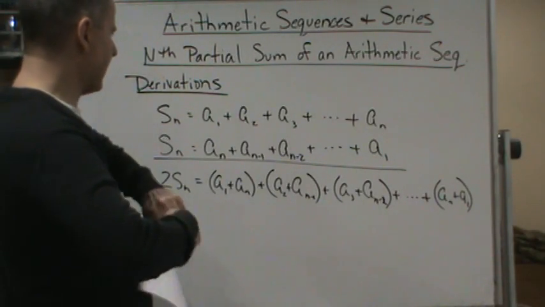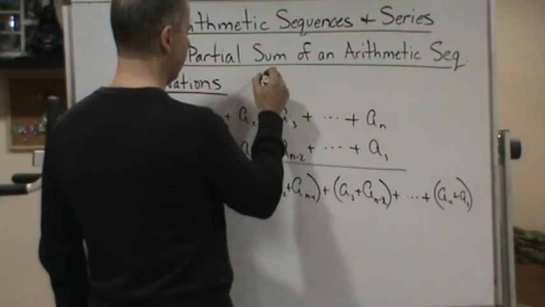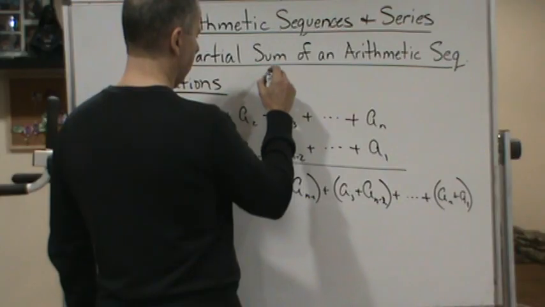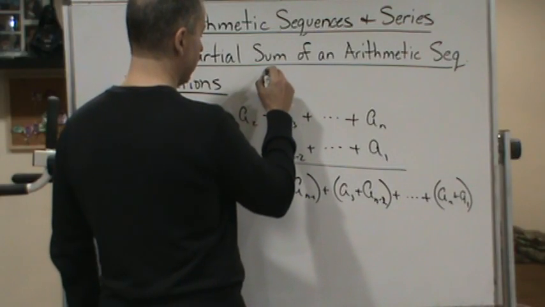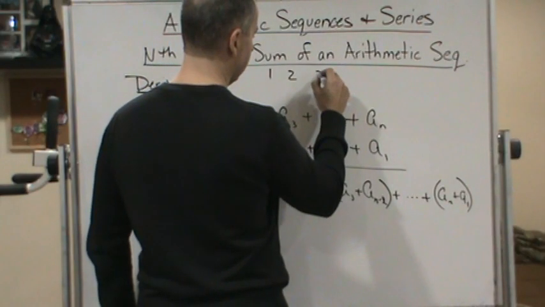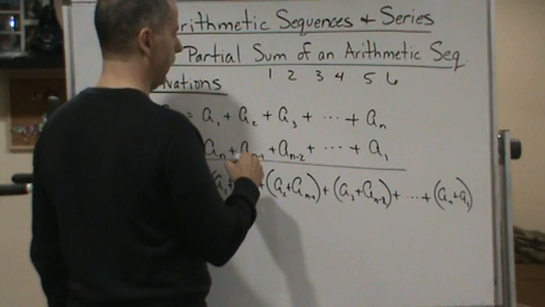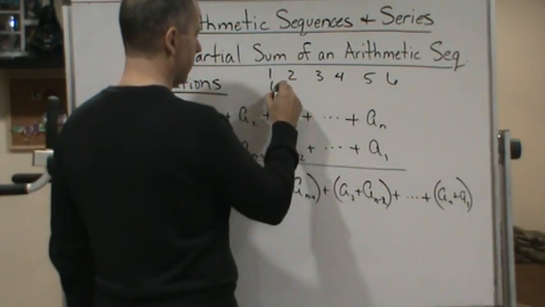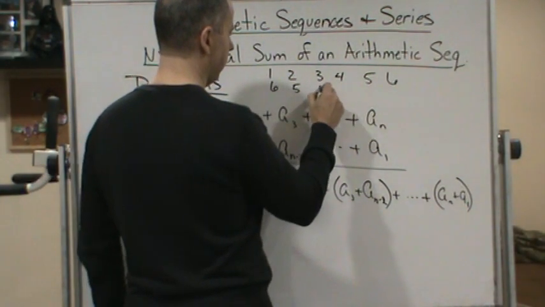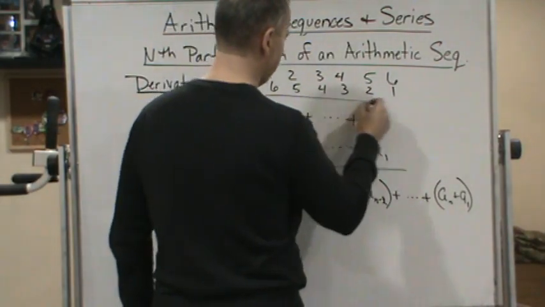To see it, let's just take a really simple example of 1, 2, 3, 4, 5, 6, and we could take 6, 5, 4, 3, 2, 1.